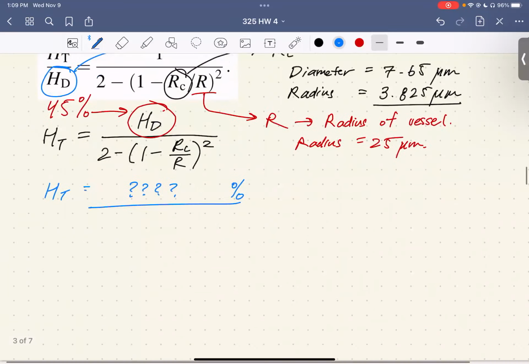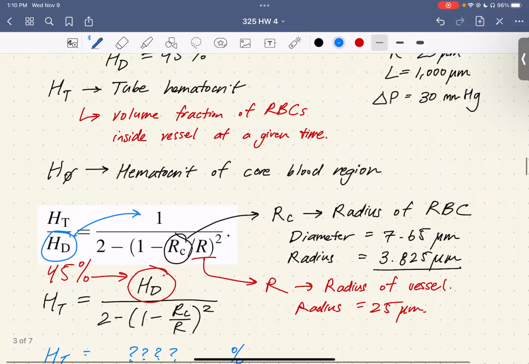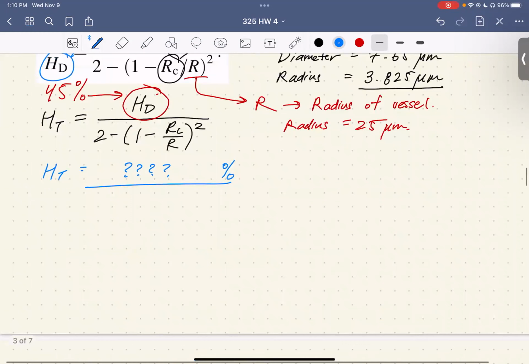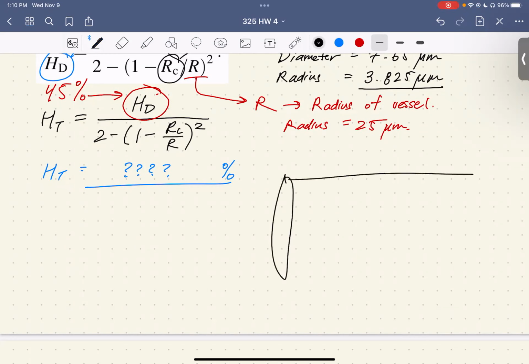Now let's talk about, what about our hematocrit of the core blood region? So essentially, let's think about this, right? We know the tube hematocrit, and we can use that and make an assumption. If we have a tube, I'm just going to draw it out very roughly right over here. We know that flow velocity is 0 at the wall. Essentially, there's no flow.